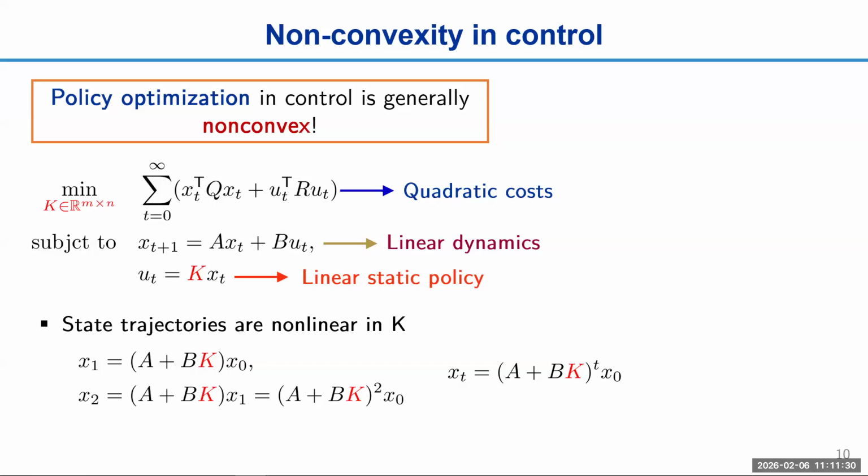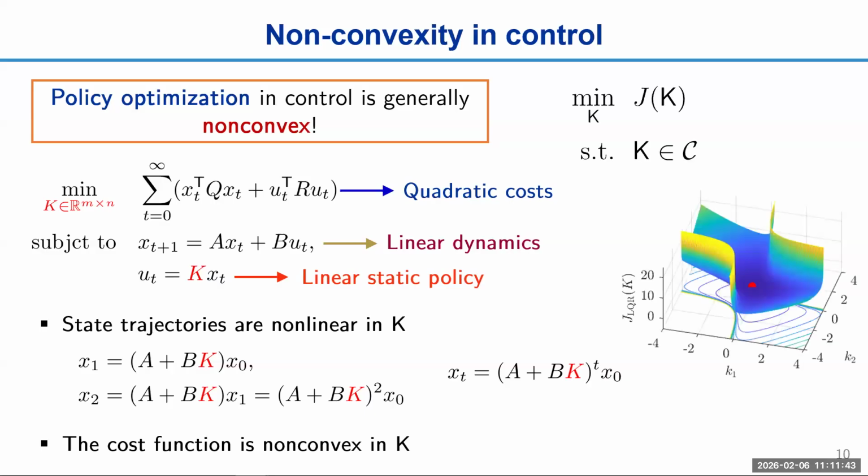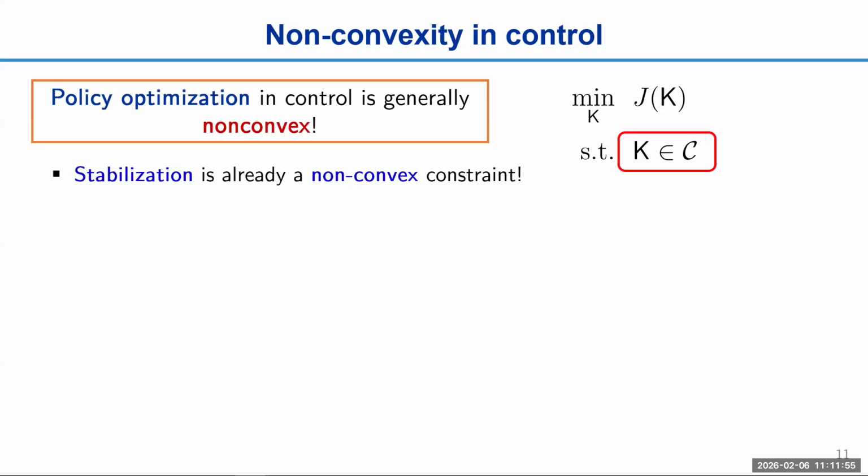And now this gives you a nonlinear dependency on K. And now if you plug this x_t and u_t into the cost, you will get a non-convex function in terms of K for your cost. So typically, if you write down this problem, you will see some geometry like this. This is a very typical geometry for the landscape in LQR control. You have a non-convex cost function. And if you look carefully, look at the constraint.